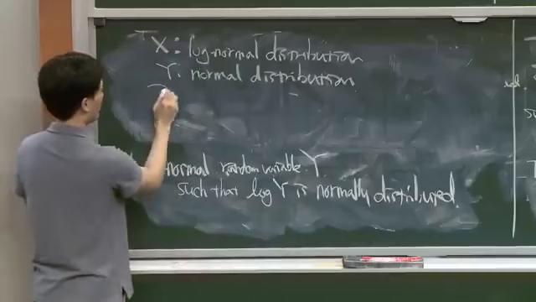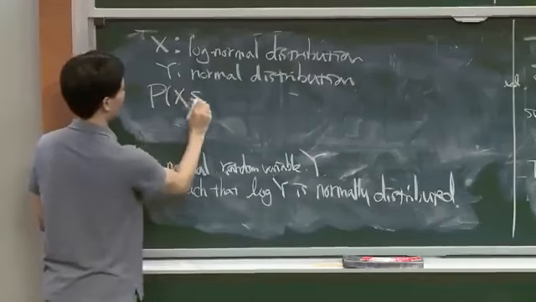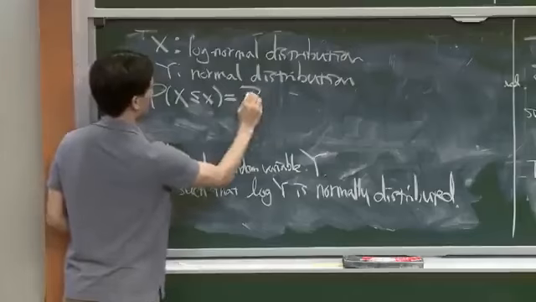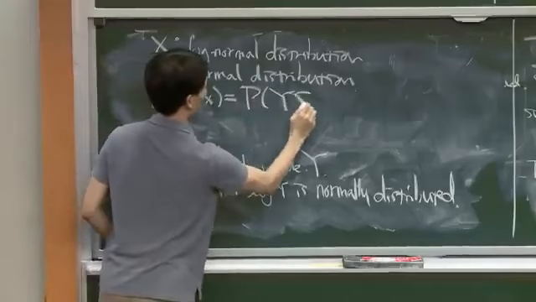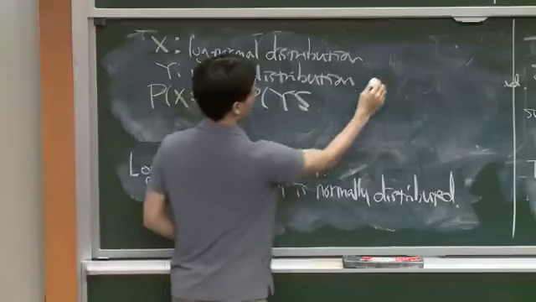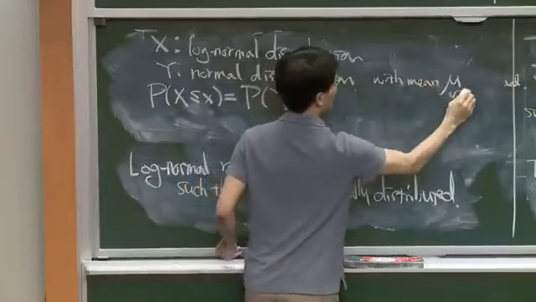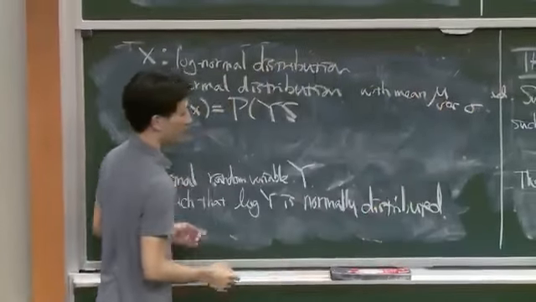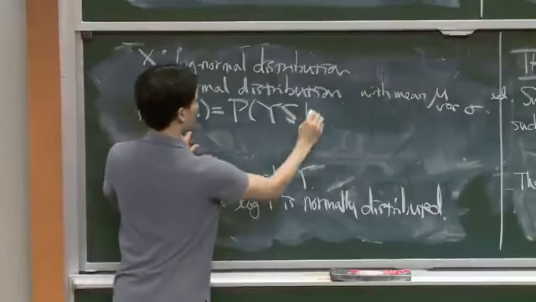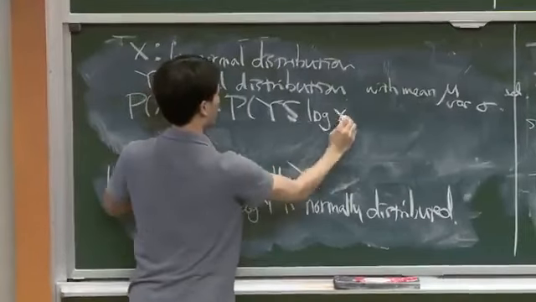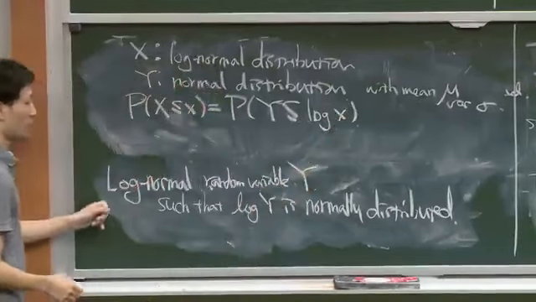Then the probability that X is at most x equals the probability that Y, with mean mu and variance sigma squared, is at most log x. That's the definition of the log normal distribution.